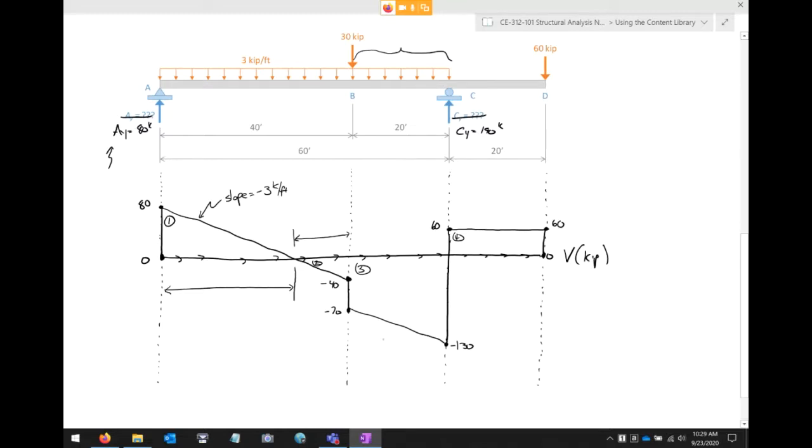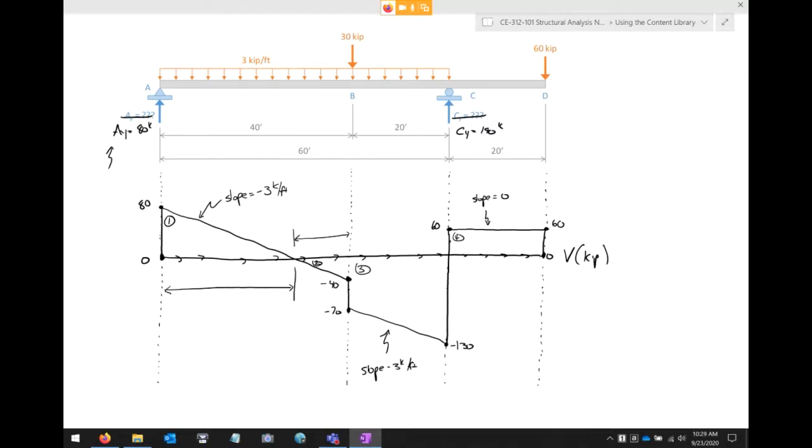Right here, this has a slope of -3 kips per foot. This has a slope of 0. Again, you look at the load diagram: we have a load here, so we get a slope; a load here, so we get a slope; no load here, no slope. Make sense?